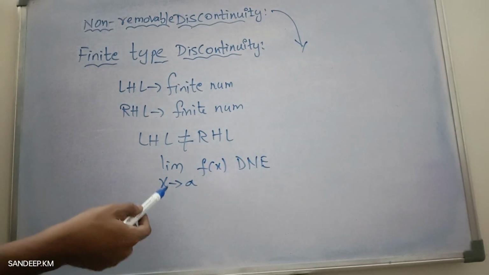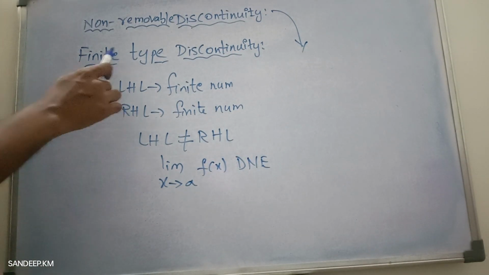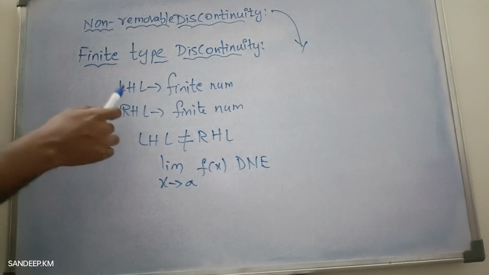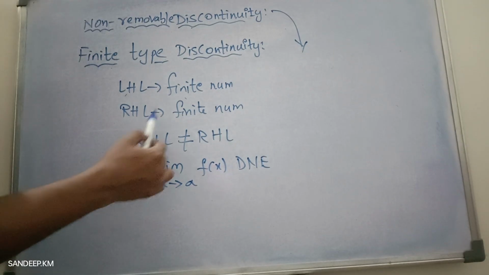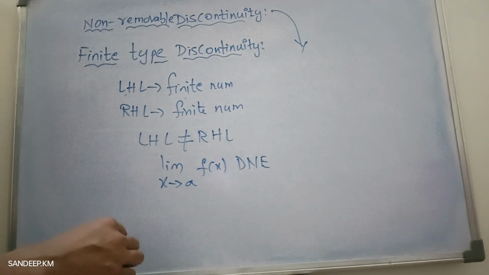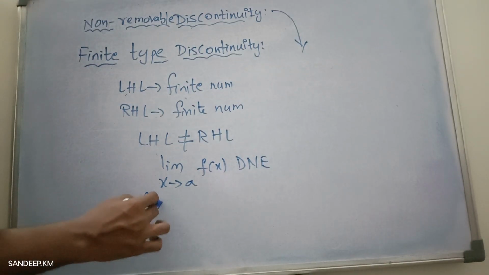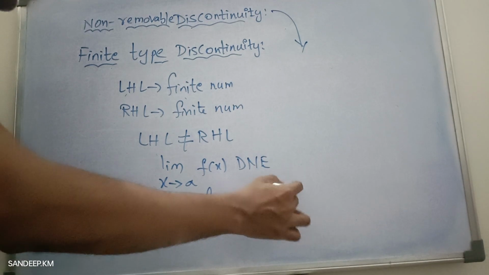And since the limit does not exist, the function is not continuous. Once again, in finite type discontinuity, left hand limit is a finite number and right hand limit is a finite number, but left hand limit will not be equal to right hand limit, therefore the limit does not exist. And we will say that f of x is discontinuous at x equal to a.